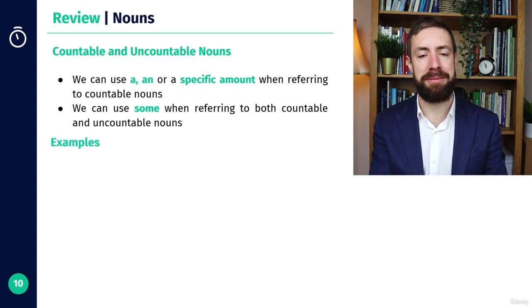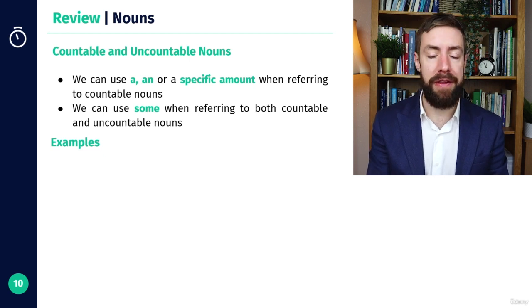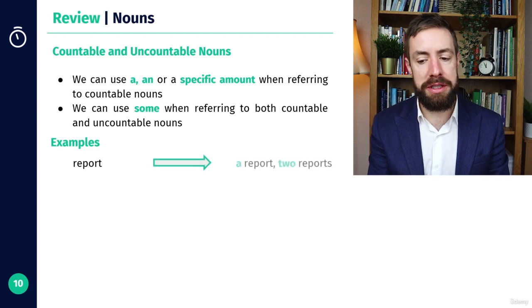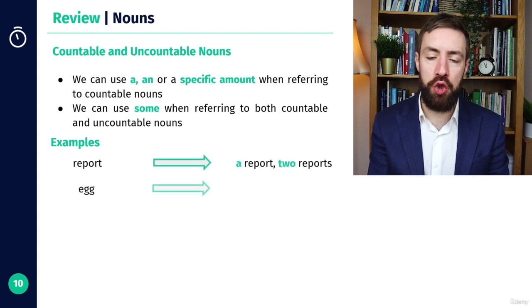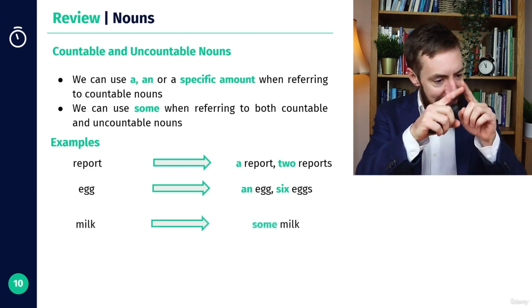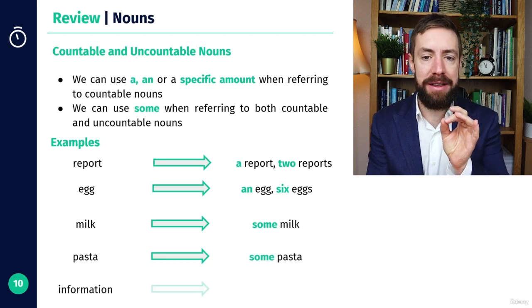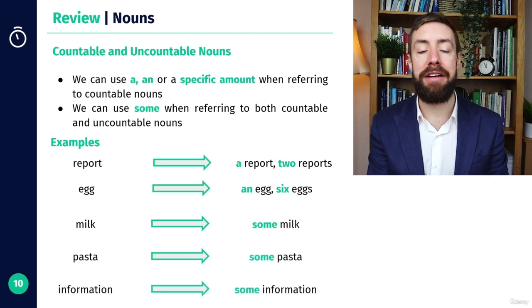Let's take a look at some examples. The first 2 we'll see are going to be countable, and then the last 3 are uncountable. So a report, you could say a report or 2 reports. We're adding the S. Egg, of course, we can count. There is 1 egg. And we say an egg because the E is a vowel.